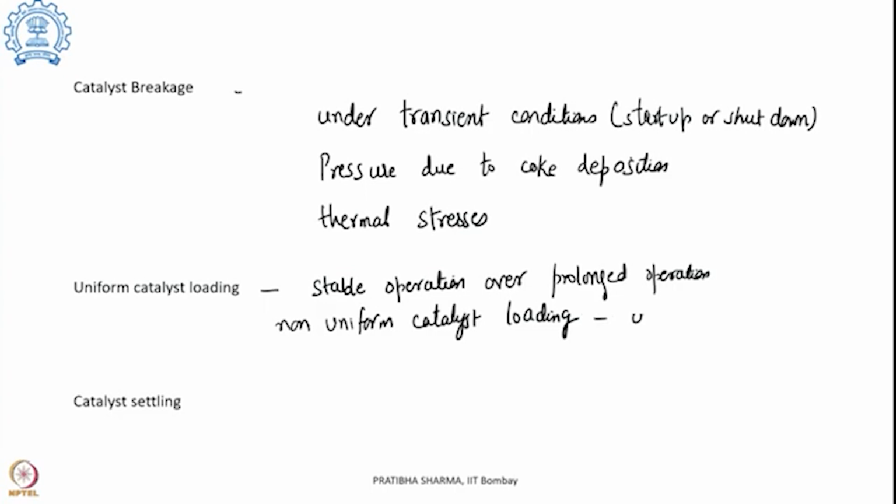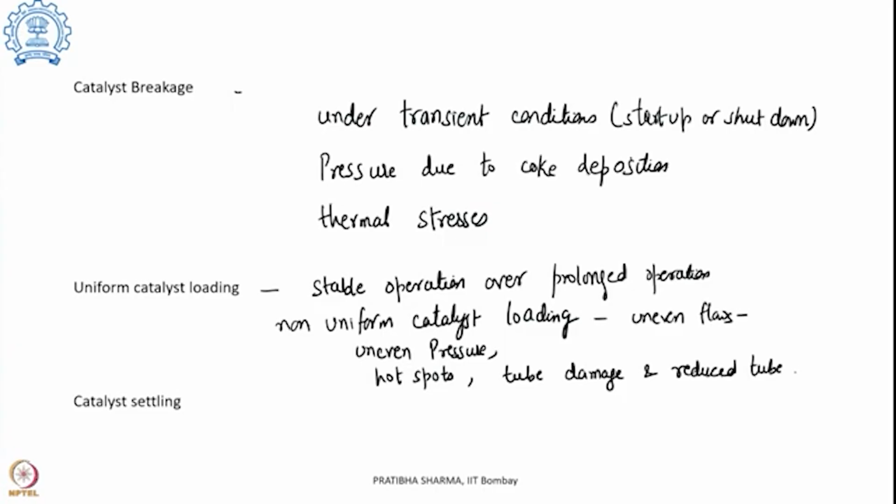There will be uneven flows, there will be temperature gradients, there will be uneven pressure drop inside the column, hot spots will be created, and that can lead to tube damage and reduced tube life.